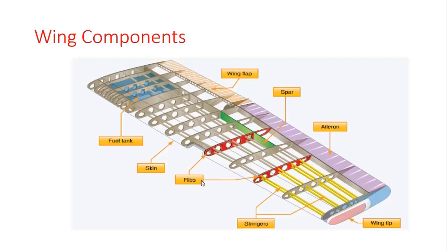In most airplanes, the fuel tanks are either an integral part of the wing structure or consist of flexible containers mounted inside the wing. They are attached to the rear or trailing edges of the wing.